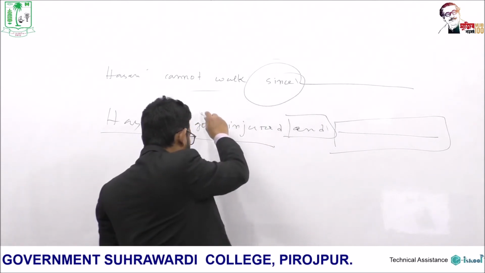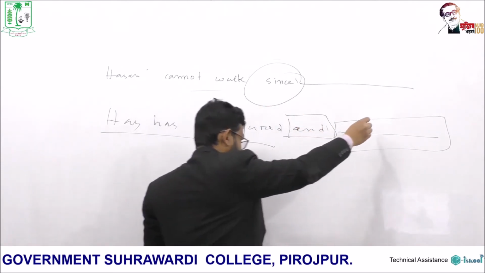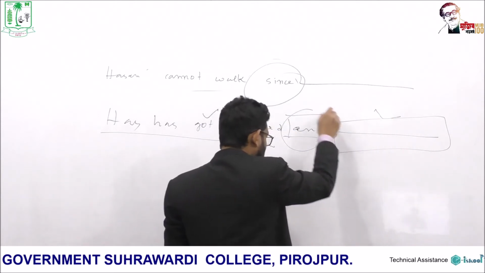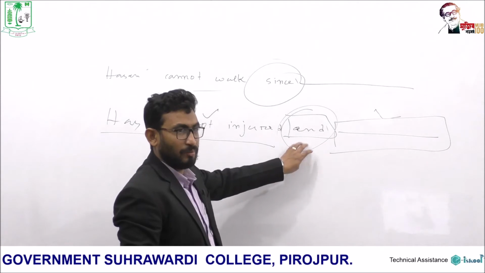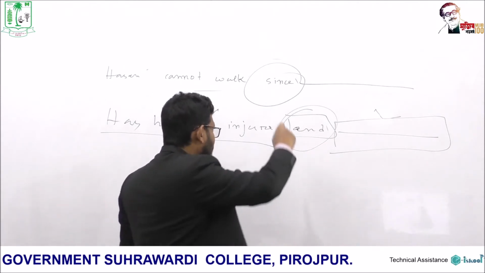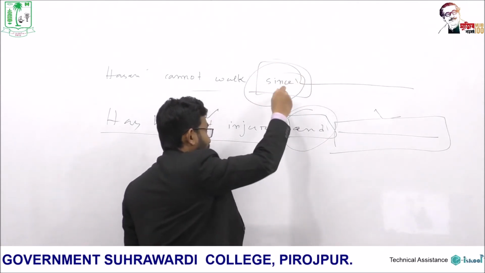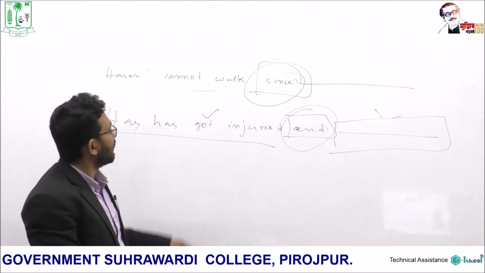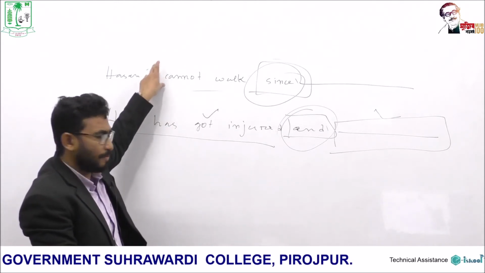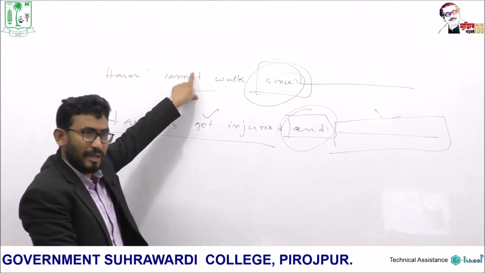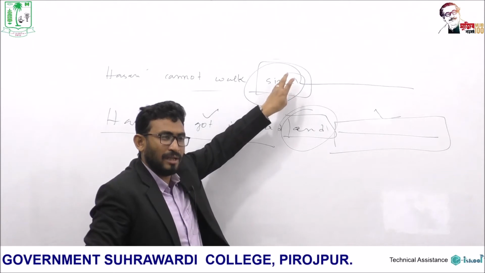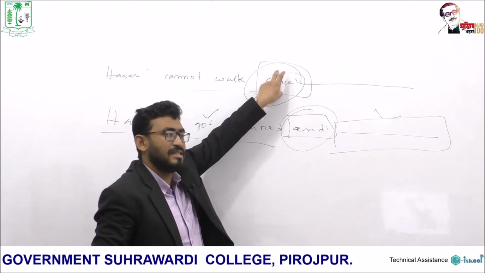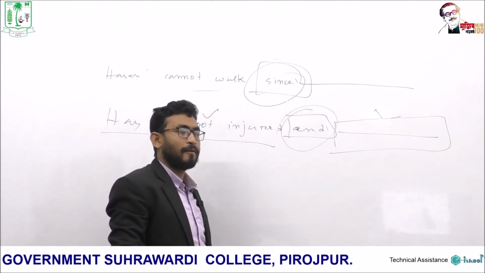One principal clause here and another here, between the two principal clauses there is and. It means it will be a compound sentence. But what do you see here? Look at the first clause. The first clause is a principal clause. And there is since. And we have already known that since is used in complex sentences.